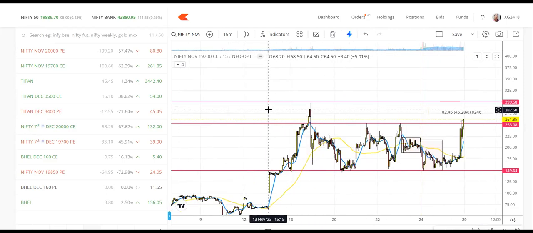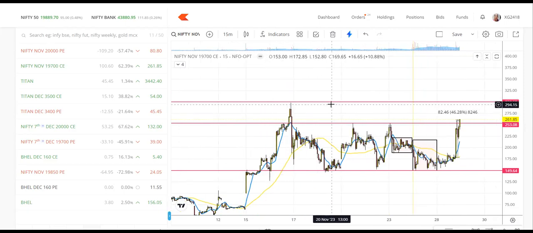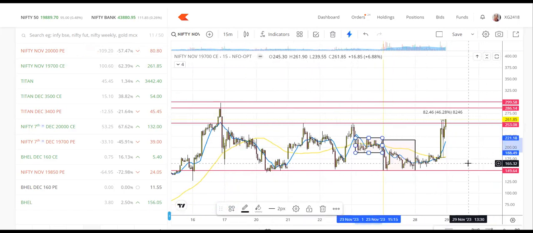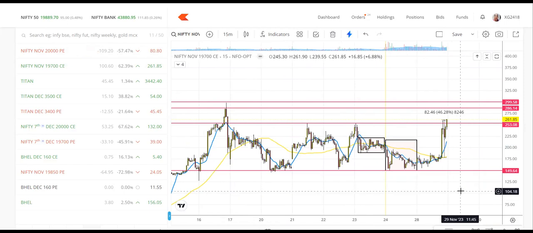Because in options, usually writers will be there. They have written, and they will not let the premium go beyond that. We are approaching the expiry, actually the monthly expiry. You need to be careful.